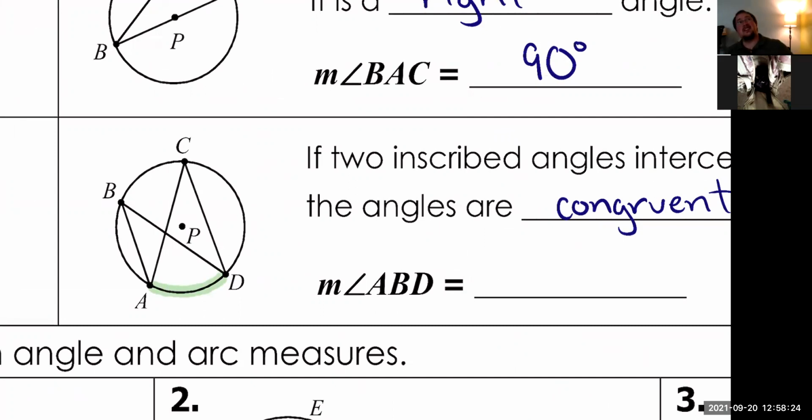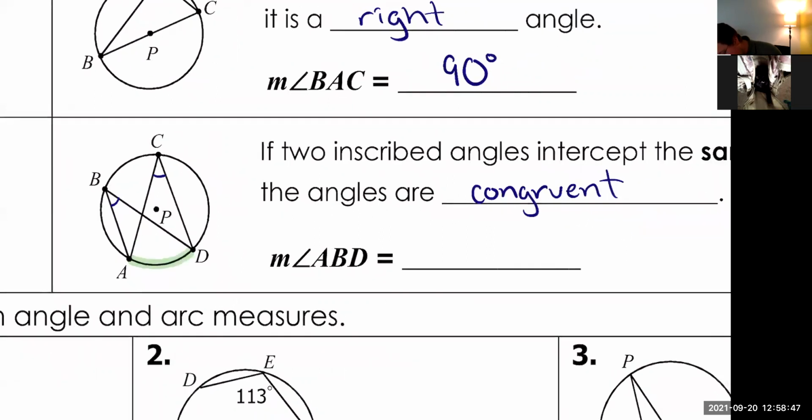Think about this. If those inscribed angles are half the measure of that arc, but they're intercepting the same exact arc, whatever half of that is, they are both going to be the same. So these two angles are congruent because their endpoints are through the same intercepted arc. The statement we would say here is that the measure of angle ABD is equal to the measure of angle ACD.